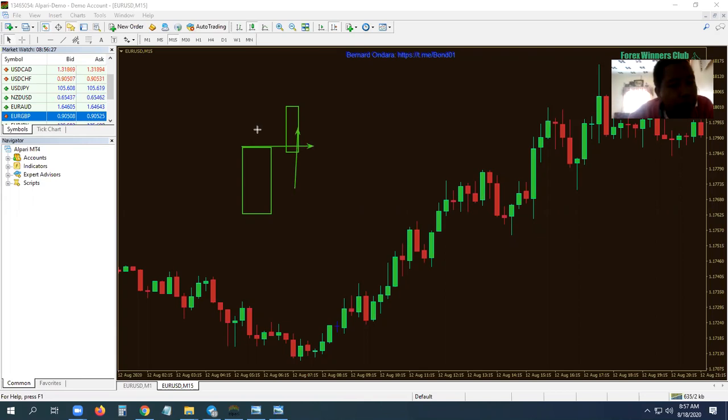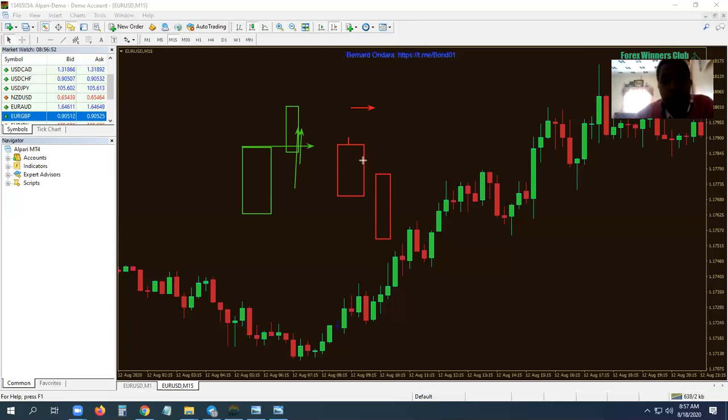There's no wick. When there's no wick here, it means sellers were not rejecting the price, so the market's likely to continue in the same direction. If you found a red candle that looks like that, it might have a wick at the top. It means it closed here without rejection, meaning the market is likely to continue going down. That's the logic behind it.